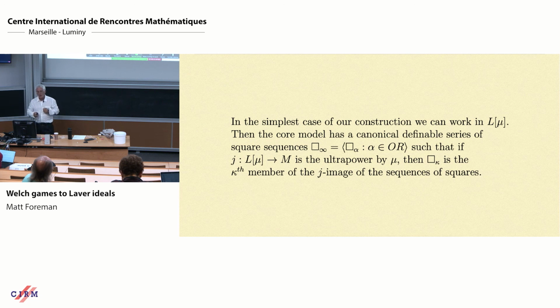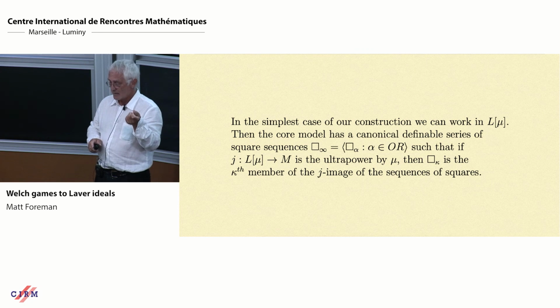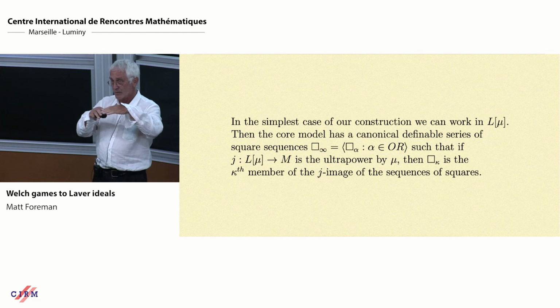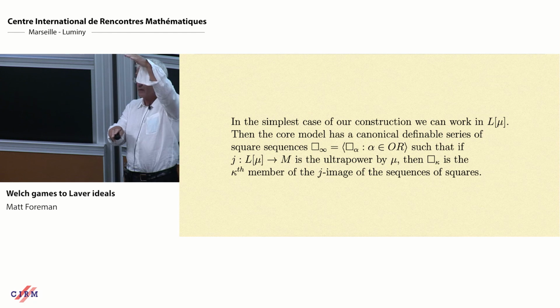In the core model, you have a canonical definable sequence of square sequences, so I'll call it square infinity. For each regular alpha, you have a square alpha, or let's take alphas to be inaccessible. And it's so canonical that if you take the elementary embedding from the measurable cardinal kappa, from L mu to M, then in the ground model you have this long sequence of square sequences.